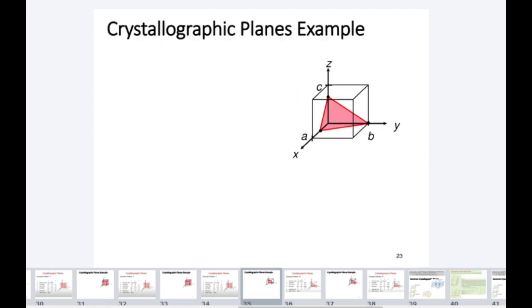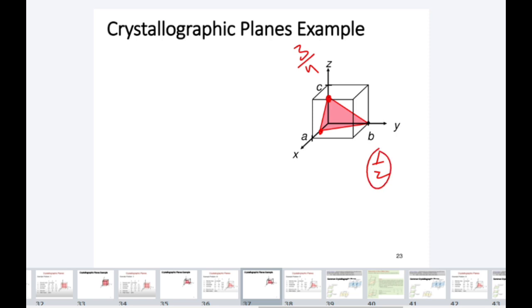Now we have another plane. In this plane, this side is touching at 3 by 4, and this side is half. So now tell me, which axes is it touching? Is it touching A, B, and C?